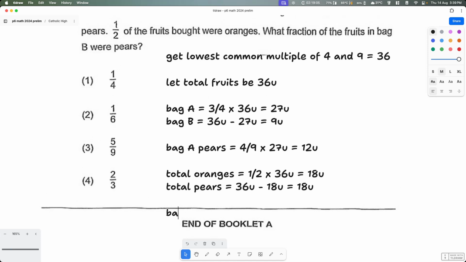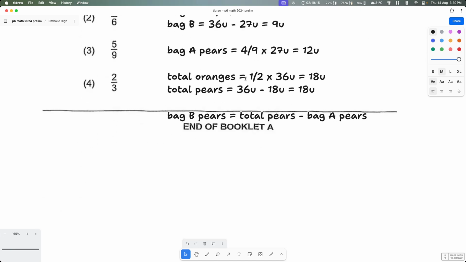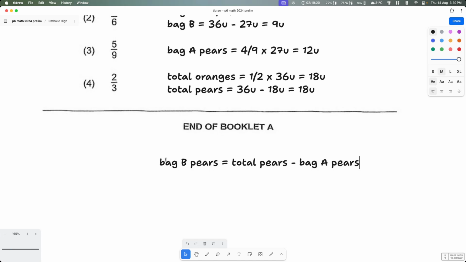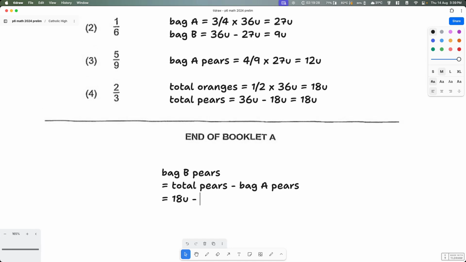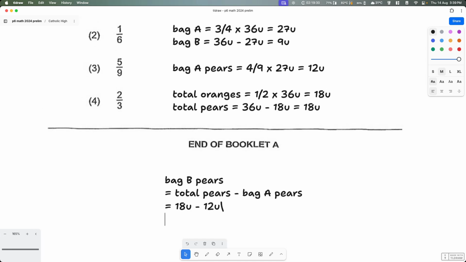So bag B pears is equal to total pears minus bag A pears, which is 18 units minus 12 units, equal to 6 units.